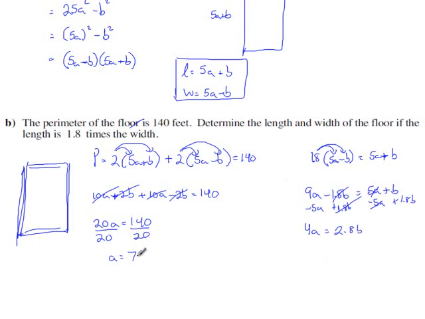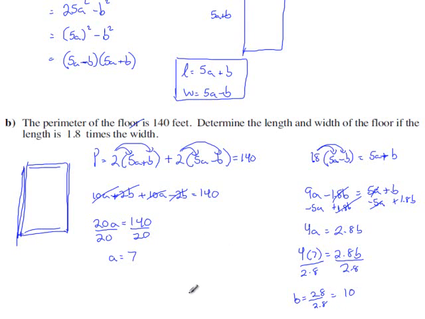And I know from solving the previous part that a equals 7. So 4 times a is really 4 times 7, equals 2.8b. 4 times 7 is 28. And to solve for b, I'll divide both sides by 2.8. So b equals 28 divided by 2.8, which equals 10.